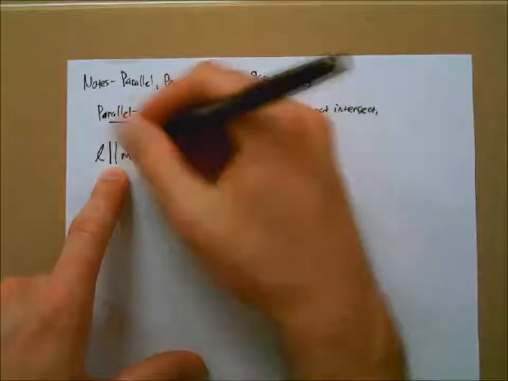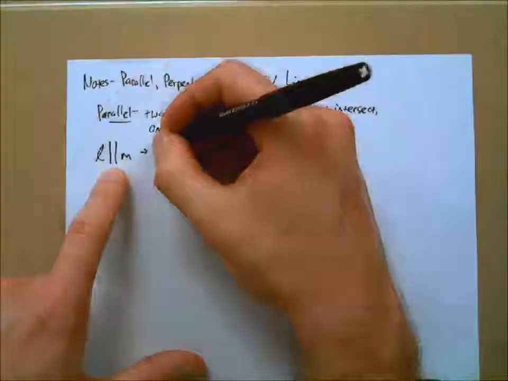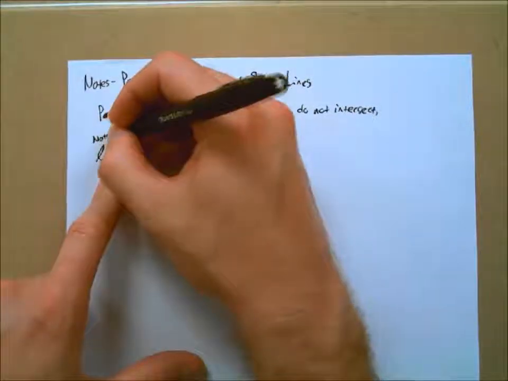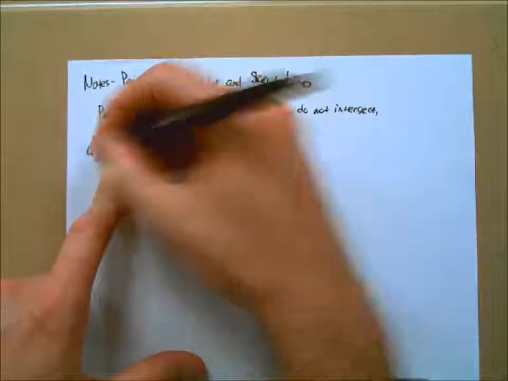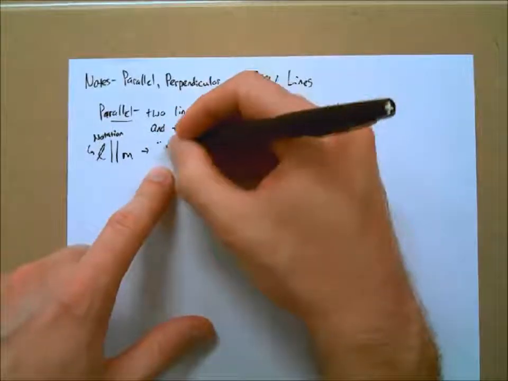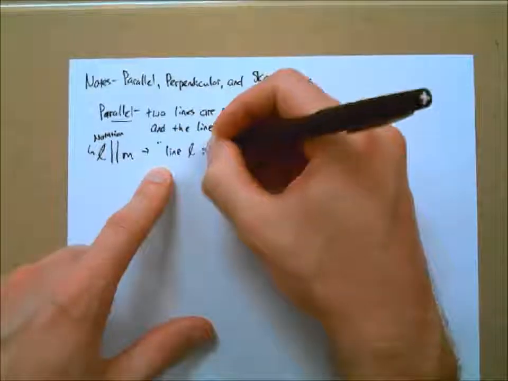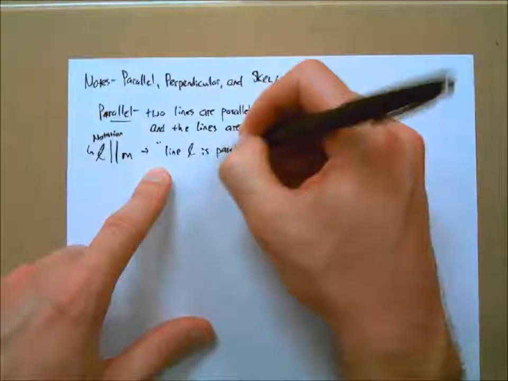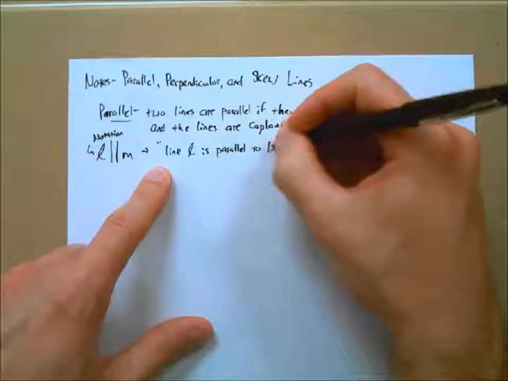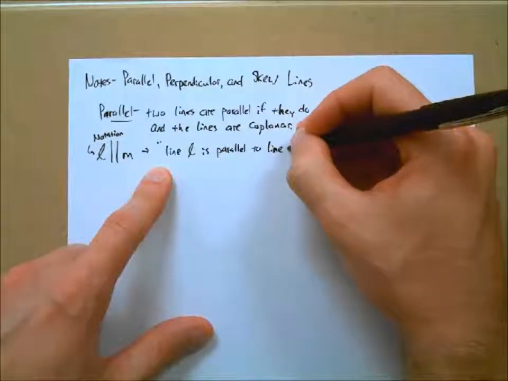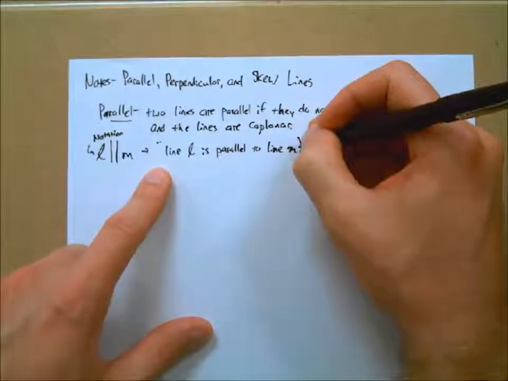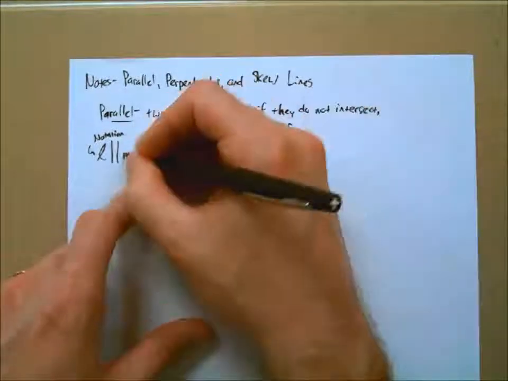That's the notation right there, and it means line L is parallel to line M. Whoops, I don't know why I put a parenthesis there. It should be that. Okay.